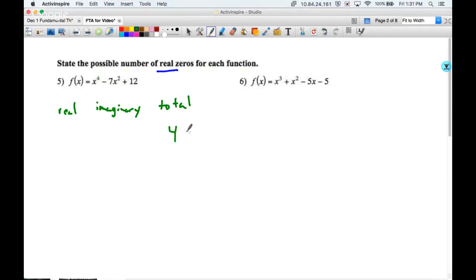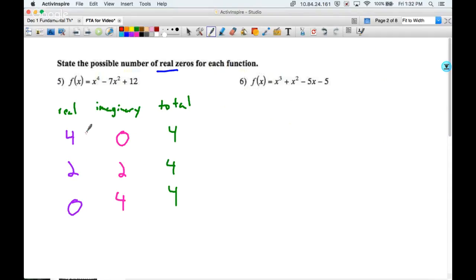So imaginaries have to come in pairs, so we can have either 0, 2, or 4. To balance this out, we got to make it so it adds up to 4, so this would have to have 2 real, or 4 real, 2 real, or 0 real, so that our totals are still 4.